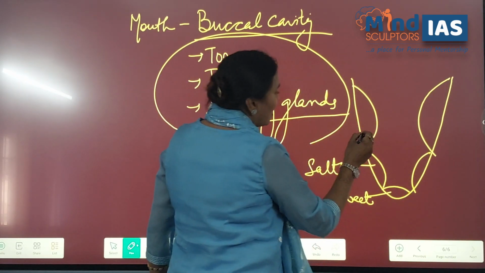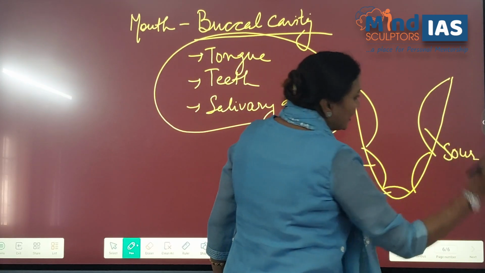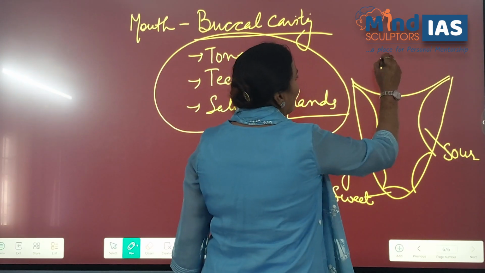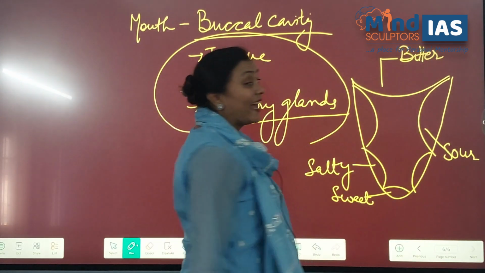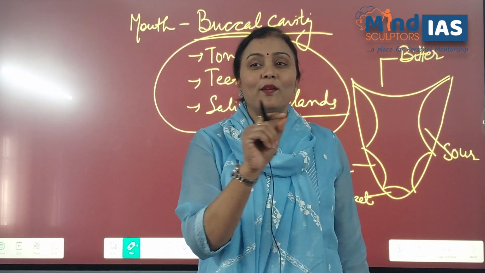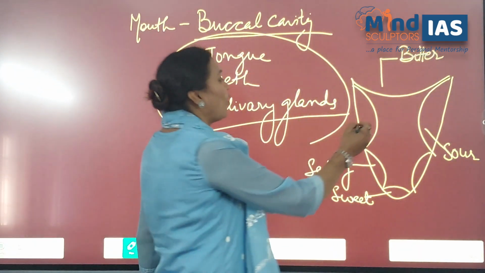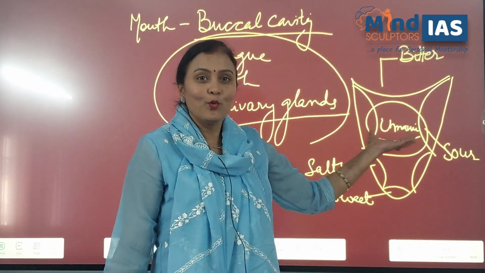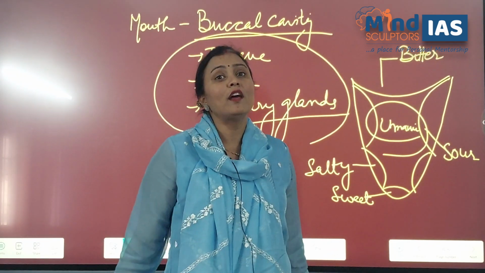This major part is for sour taste. Then this region is for bitter taste, and the taste which is not known by many students is called umami. The last taste is umami, with a question related to this taste asked in the 69th BPSC.